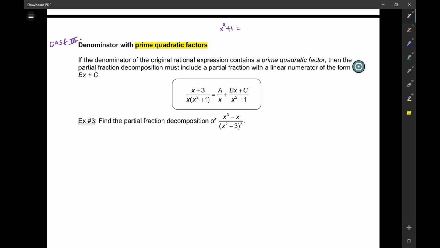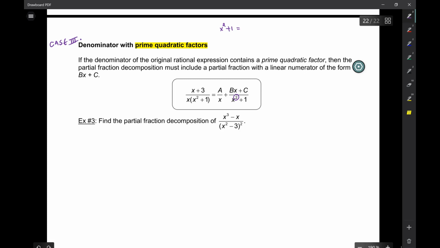Well, look at this one, for example. You have x squared plus 1. The x gets a fraction. The x squared plus 1 gets a fraction of its own. But whereas for the x, we gave it a numerator of a constant, for this one, if it has a degree of 2, its numerator must always have a degree 1 lower.